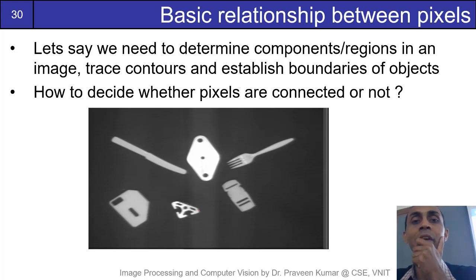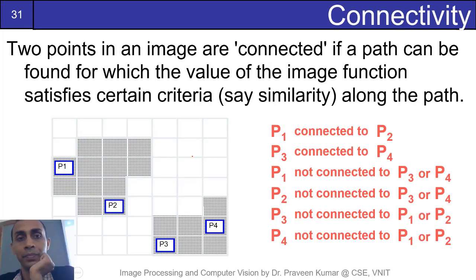But to do that, first of all we have to decide whether the pixels in this region or object are connected and form one connected region. How do we decide whether pixels are connected?